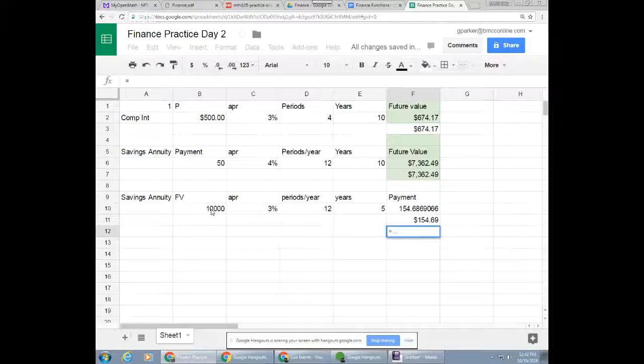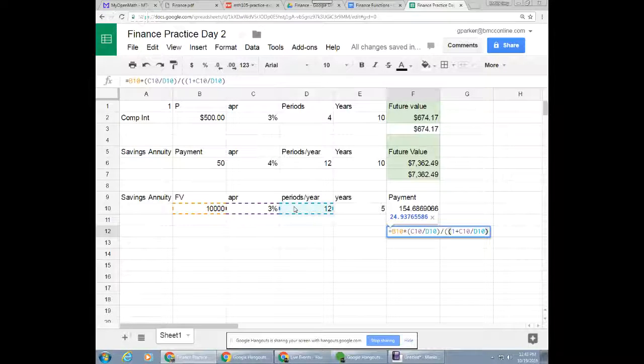So here I want to take my future value times parentheses, my periodic rate, which is the 3% over 12, and then I just have to be super careful about closing parentheses. I'm going to divide that by a giant parentheses, second parentheses to start the compound interest part, 1 plus rate over periods per year.